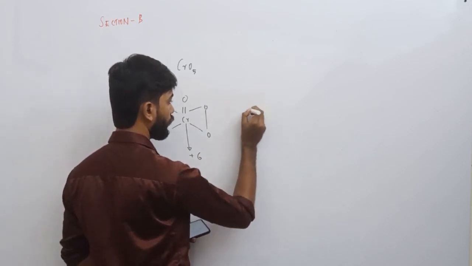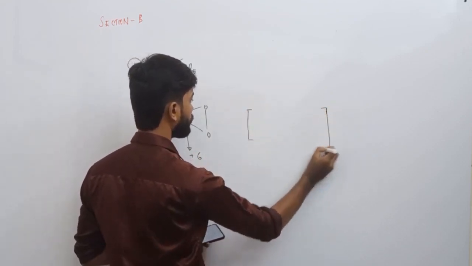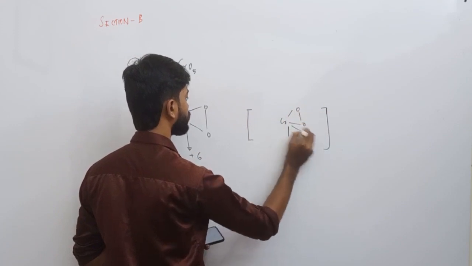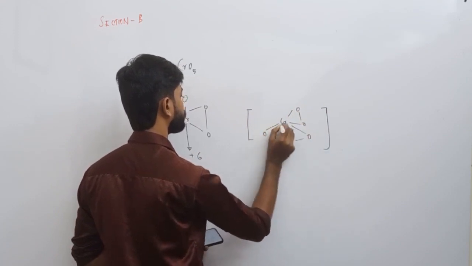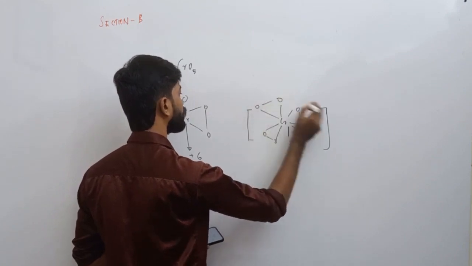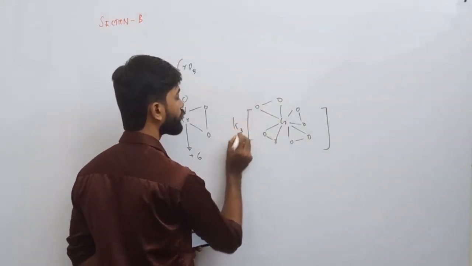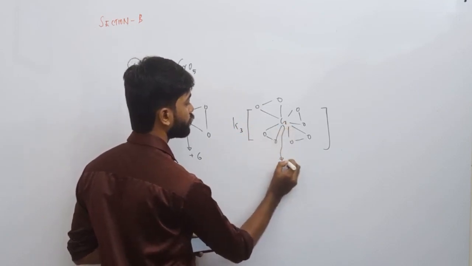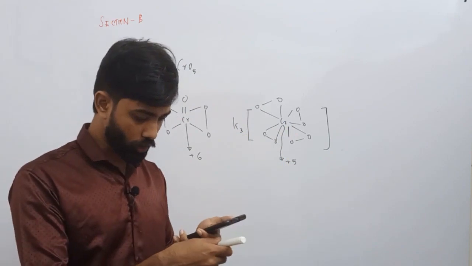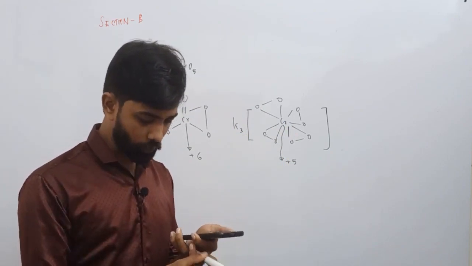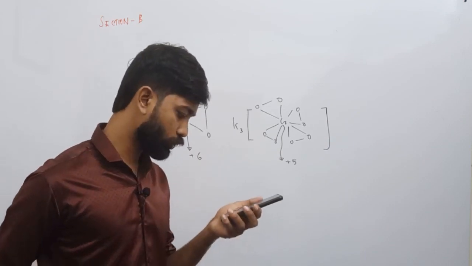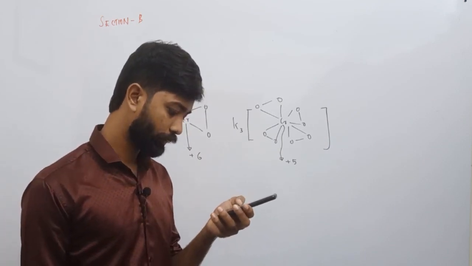And K3CrO8, I think I described it, has 4 peroxy linkages. You know the oxidation state of chromium is plus 5 here. So the respective order for CrO5 and K3CrO8 is plus 6 and plus 5. You can choose choice 3.